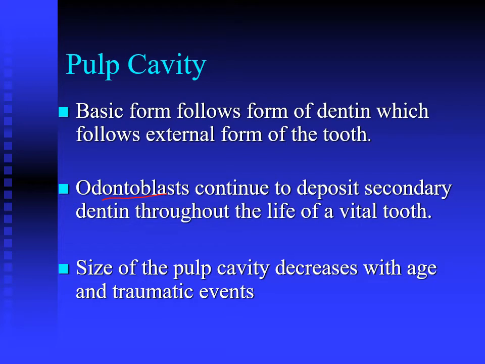So the early erupted tooth will have a much larger pulp chamber and much more pulp tissue than will an older person such as myself, where through trauma and other events, grinding, bruxing, dental restorations, the size of the dental pulp cavity decreases with age and traumatic events.